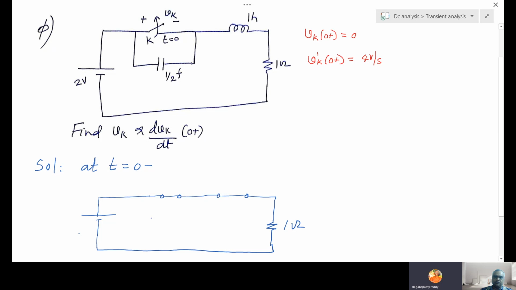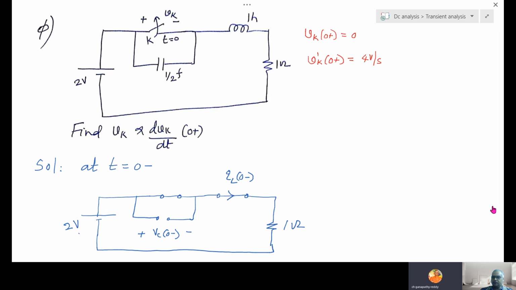And here there is a capacitor; at 0 minus steady state it is open. This is 2 volts. This voltage we call Vc(0-), the capacitor with this polarity. In the inductor, we call the current IL(0-).